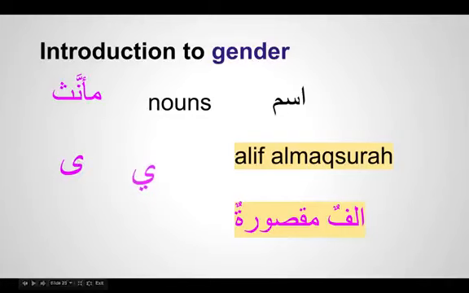What is this? This is basically ya, in which the dots have been taken away. So then this sound becomes a. It's no longer ya, it's a. That's why it's called alif. And because of this shape, it's called Maksoora. So if you see the sound of a but the shape of ya, it is called Alif Maksoora.